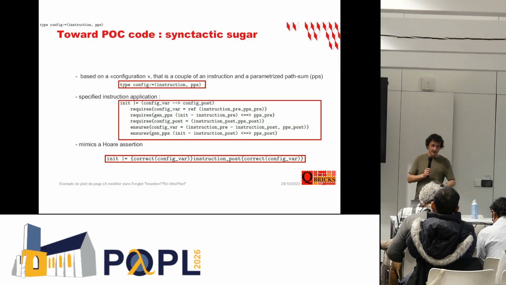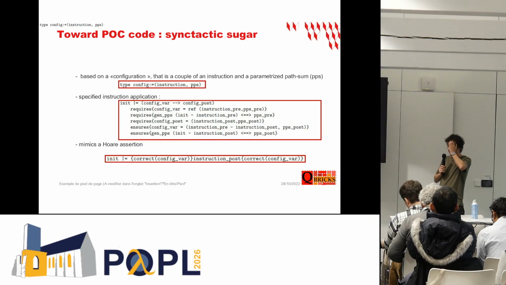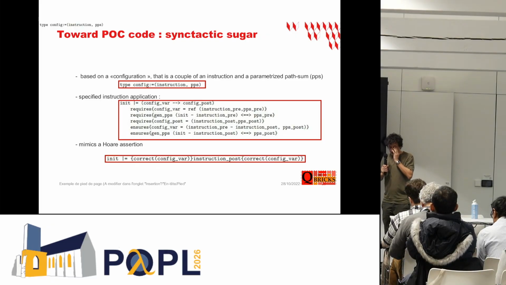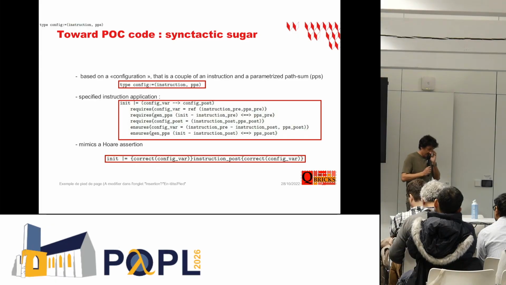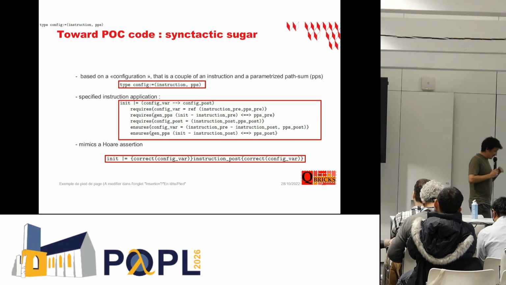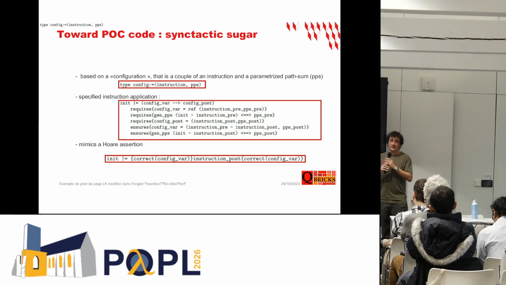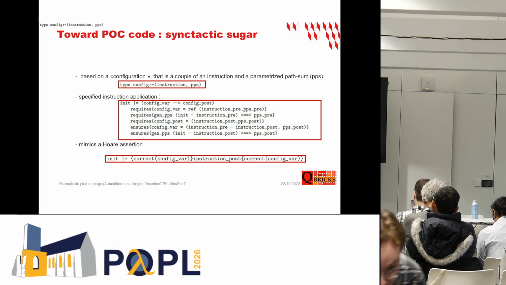Okay, so I end up with a quick show of the implementation experiments that I led recently. To do so, I just introduce a little bit of syntactic sugar. So here, what we are programming, what we are building, is not just a circuit, but a couple of a circuit and its interpretation. So we have this couple of an instruction or a set of instructions and a PPS, that is a parameterized path-sum.